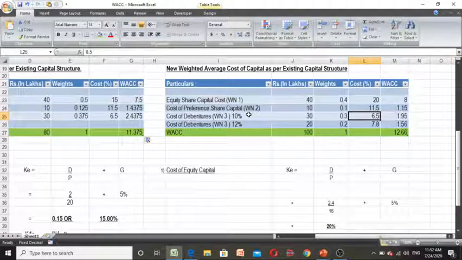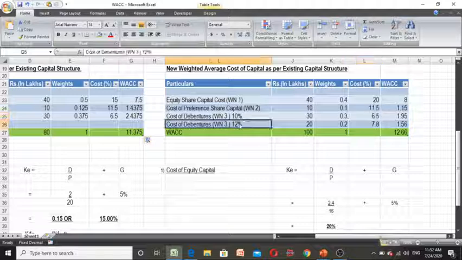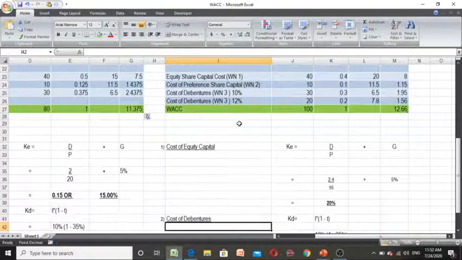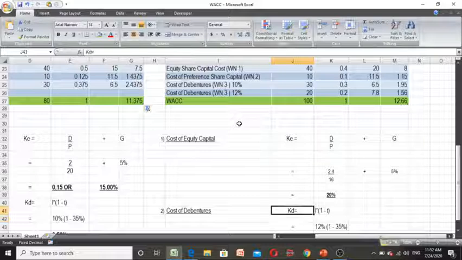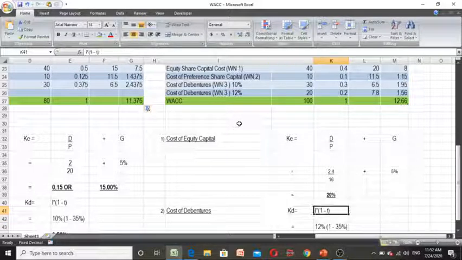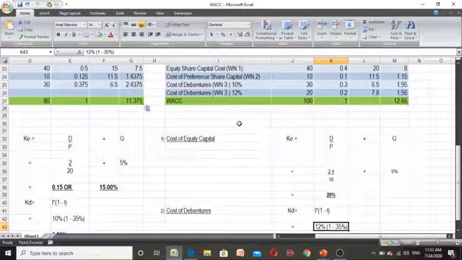Now the ultimate challenge is finding the cost of debentures for 12%. This means the company has raised additional capital by issuing 12% debentures. So we will find the new cost of debentures by applying the same formula, KD equals I into 1 minus T, but in place of I, which is the interest rate, we will replace I by 12%, as the company is issuing debentures at 12%, right?